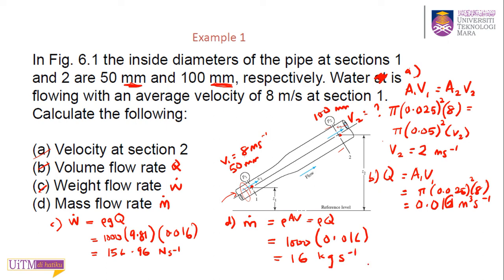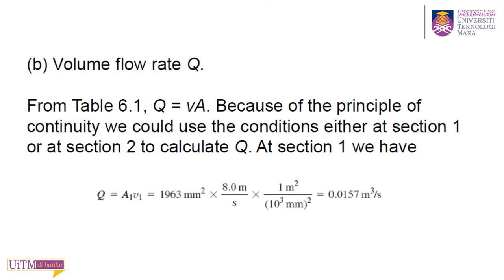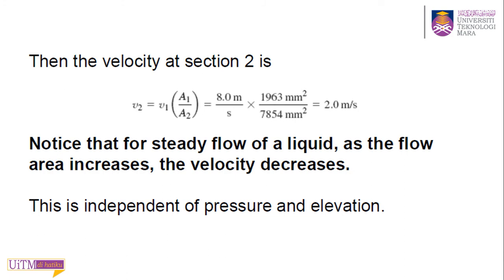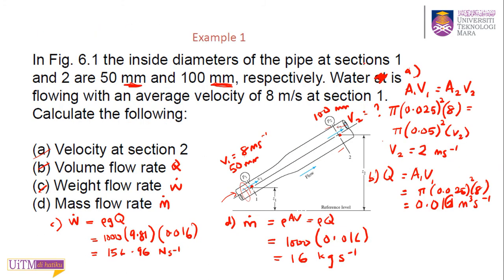So that is all about the continuity equation. I think they also give you how to do it. So this is here. Okay, is it the same? So V2 is equal to 2. So we get A2, okay, correct.